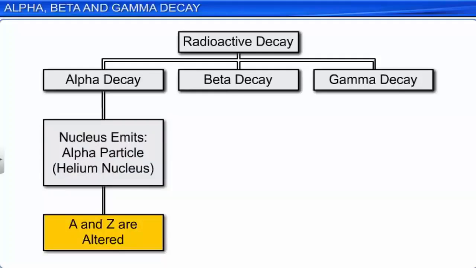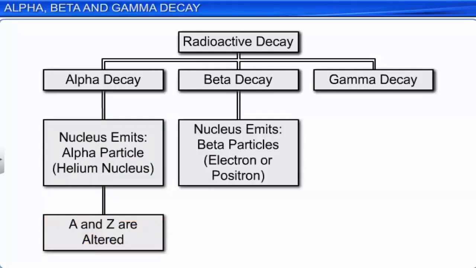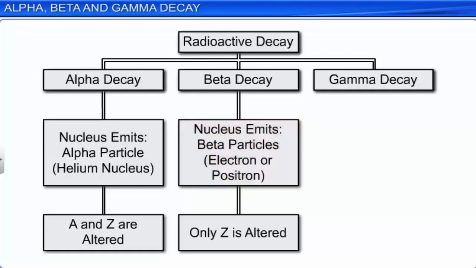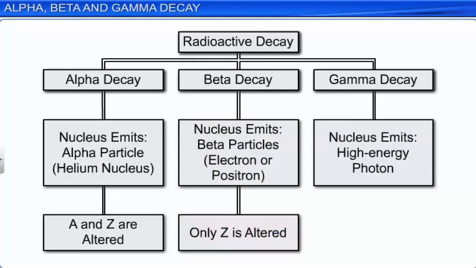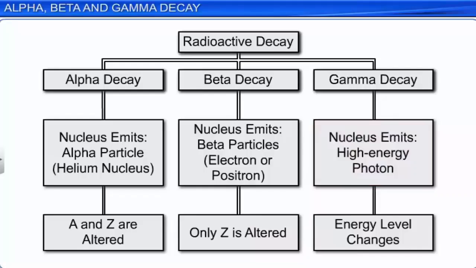In beta decay process, a radioactive nucleus emits a beta particle, which is an electron or a positron. Here, the atomic number Z is altered. In gamma decay process, a nucleus in an excited state emits a high energy photon to reach a lower energy state. Here, only the energy levels change and there is no change in either the mass number A or the atomic number Z.